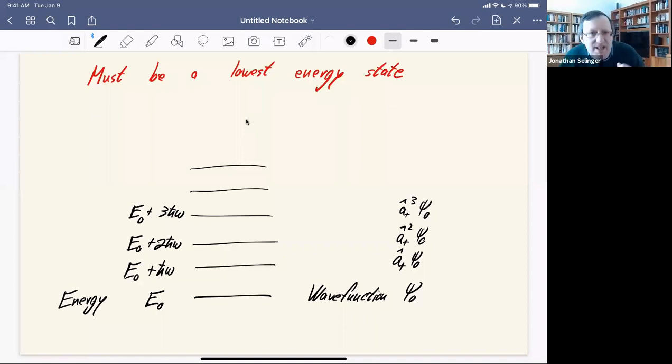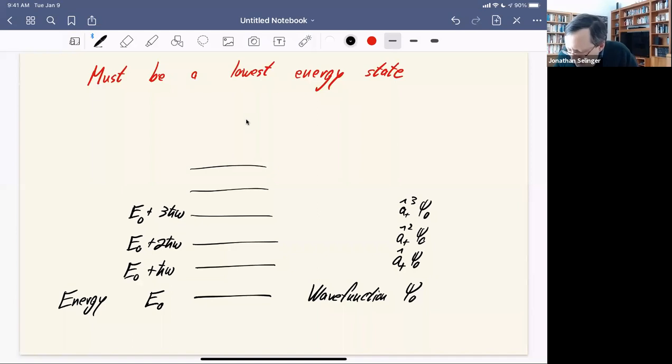So now you're wondering, haven't I contradicted myself? Because I told you that if you have a state and you hit it with A minus, you get a lower energy state. But then I also told you there's a wave function on the bottom.